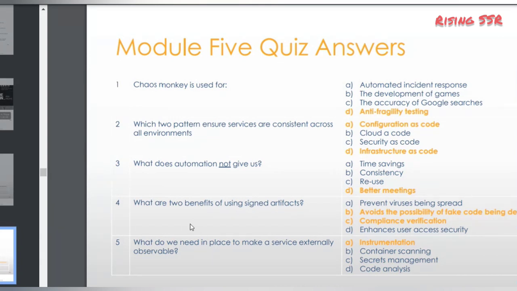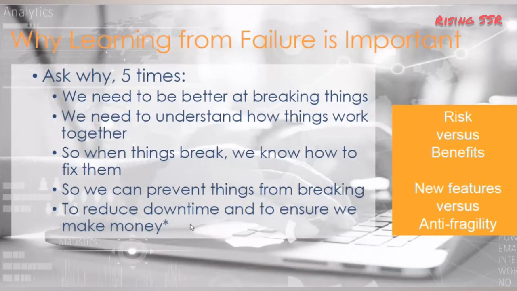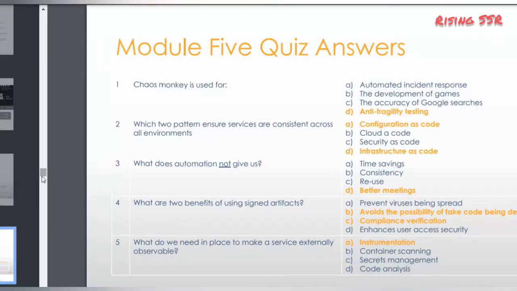Why is it important? Because these are the five things. We need to be better at breaking things. Whenever you talk about breaking things in any organization, people see you, and especially the project managers or the program managers or the product owners who have the responsibility of budget and all, they'll see, oh my God, he's talking about breaking things.